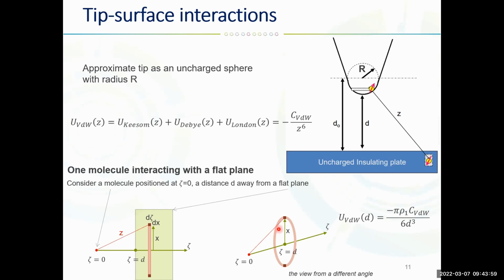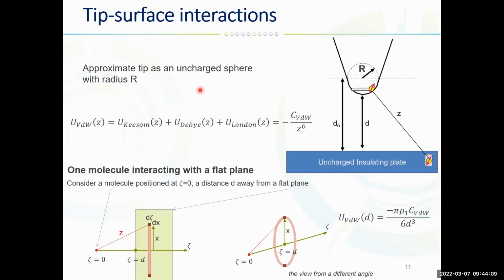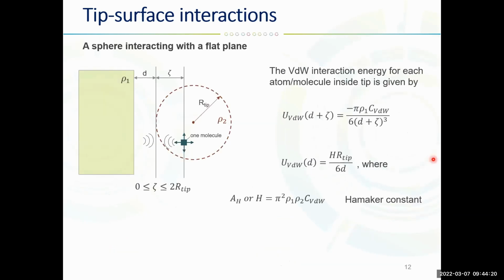So the next step is to integrate the atom-plane van der Waals interaction over the volume of a spherical AFM tip. So what we did before, we just chose a point on the tip, and we were considering the interaction between this point and the plane. Now we are going to calculate the interaction between the whole volume of the tip and the plane.